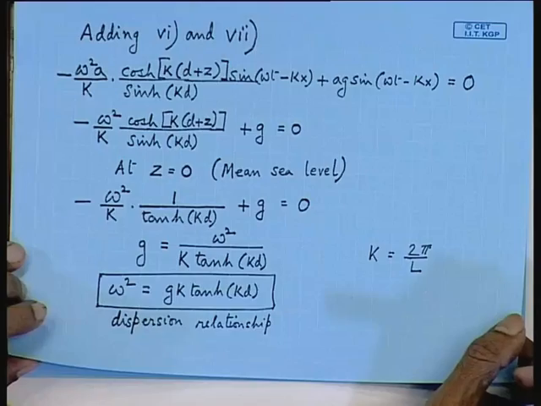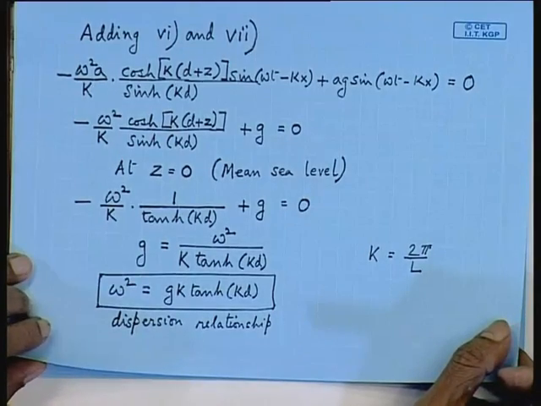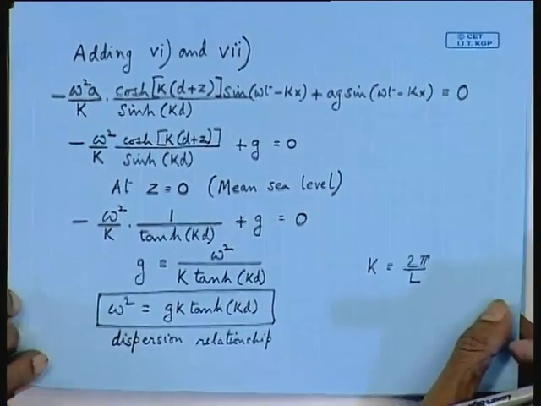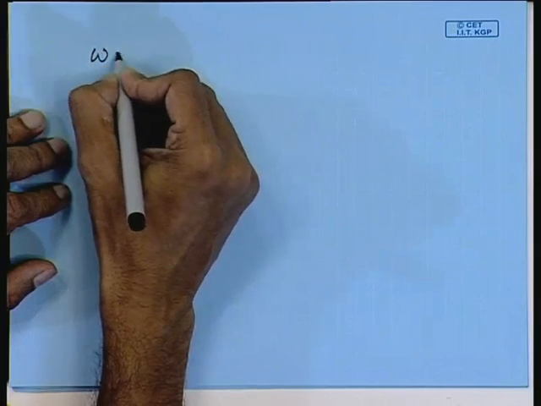So here we get an important relationship called the dispersion relationship. Now from the dispersion relationship we can study, if you put omega equals to, in this expression, what is the value of omega?